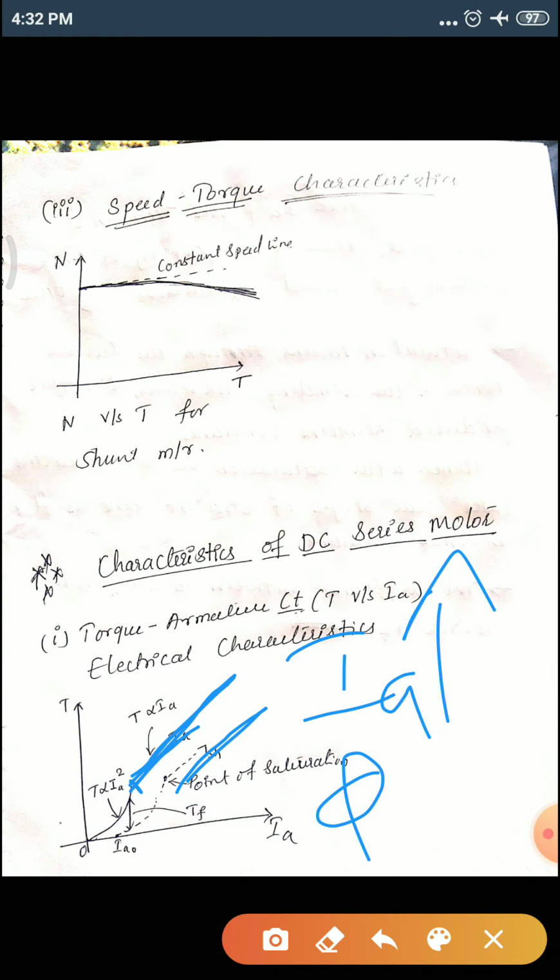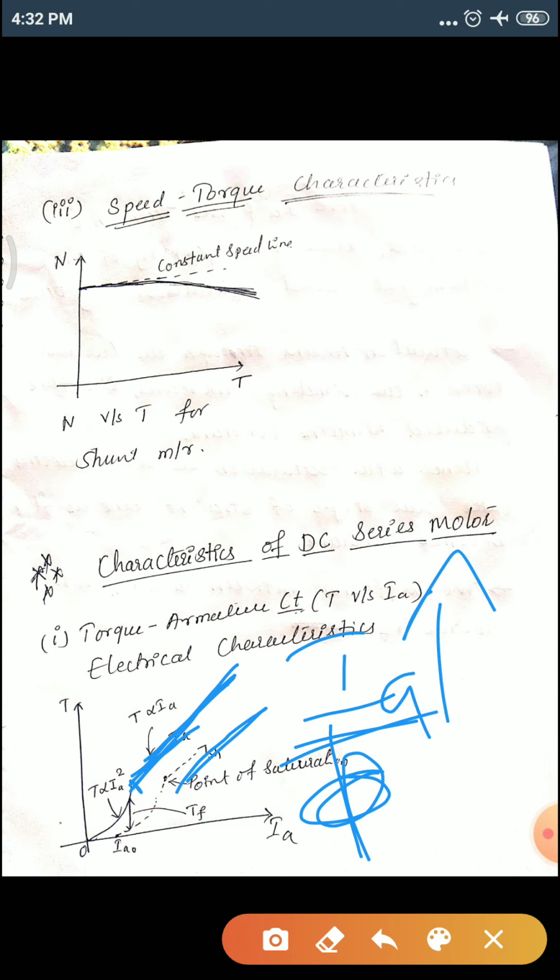After reaching saturation, even though the current increases in the system, the flux remains constant. Hence, after saturation, the characteristic takes the shape of a straight line, you can observe.